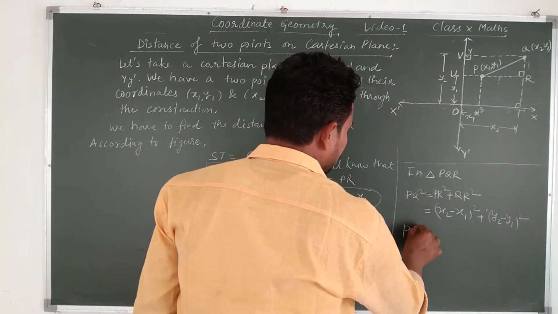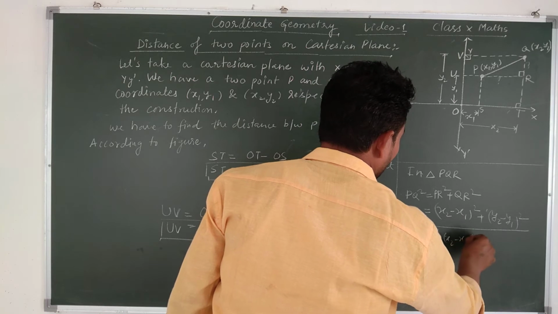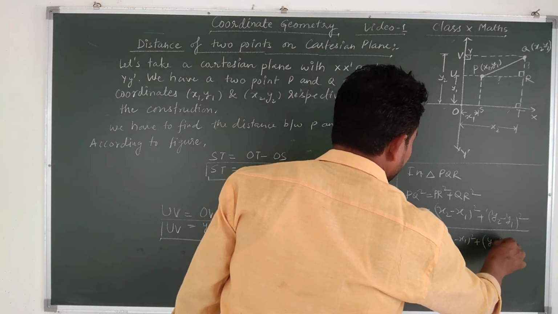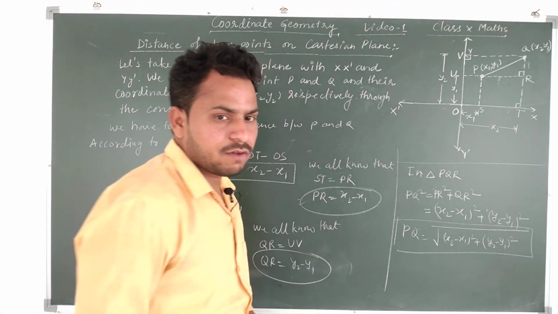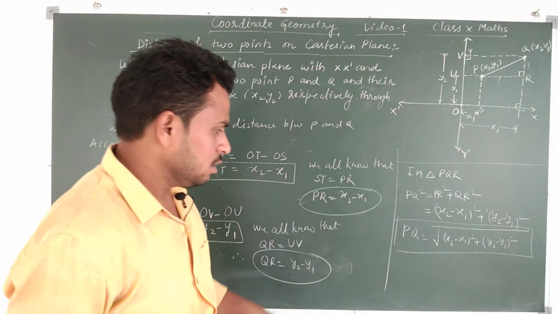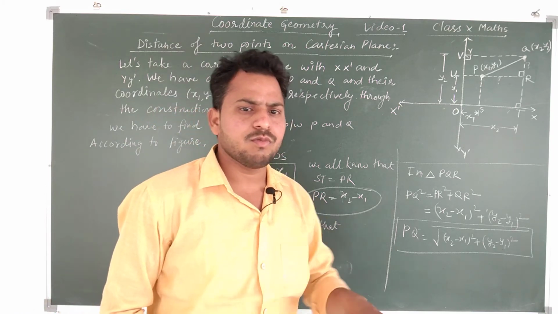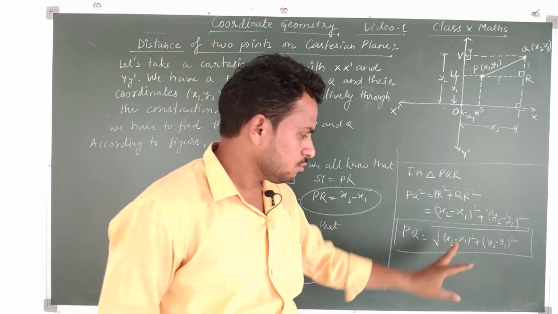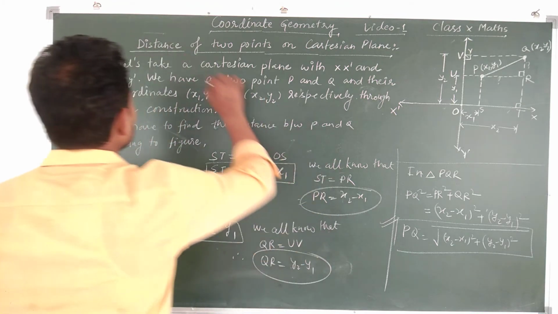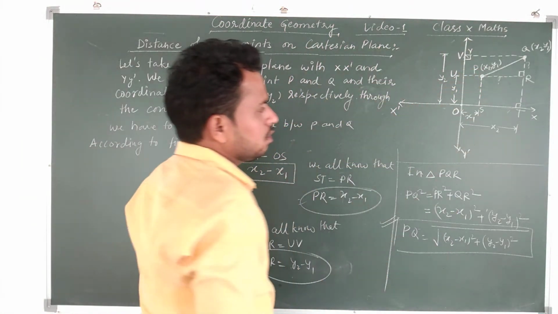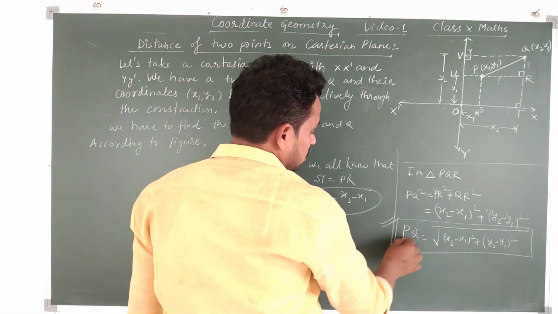So PQ is the square root of (x2 minus x1) whole square plus (y2 minus y1) whole square. This is the distance between P and Q. Simply we can find the distance between any 2 points by applying this formula. The 2 points are P and Q, their coordinates are x1 y1 and x2 y2, and this is the distance between them.